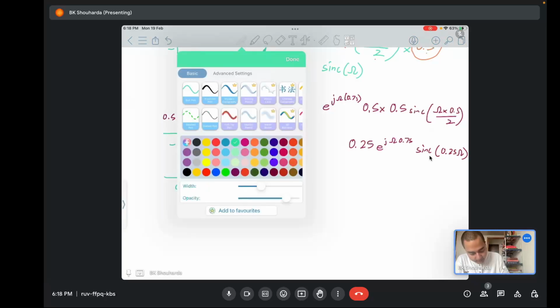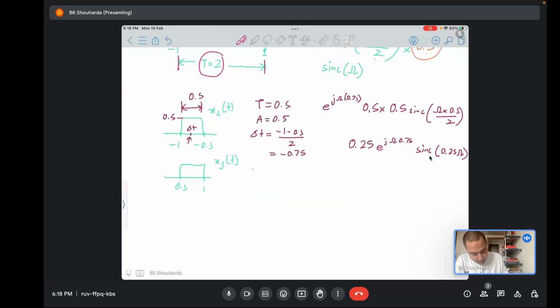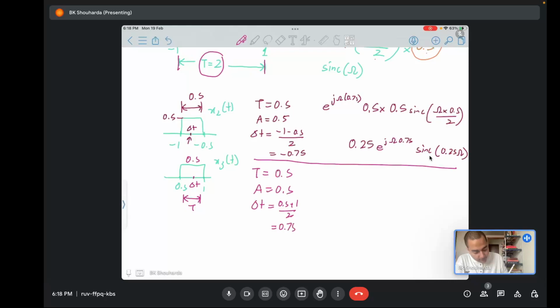In this case you have the same properties: the width T is equal to 0.5, the amplitude A is also equal to 0.5, and the shift delta t is 0.5 plus 1 upon 2, which is 0.75.